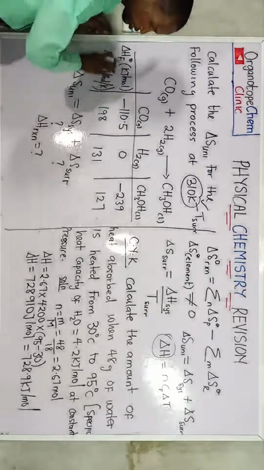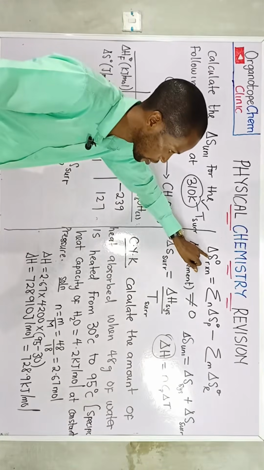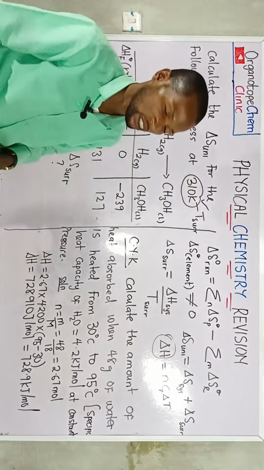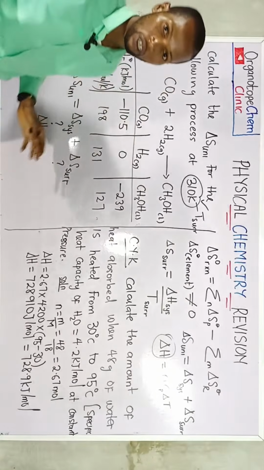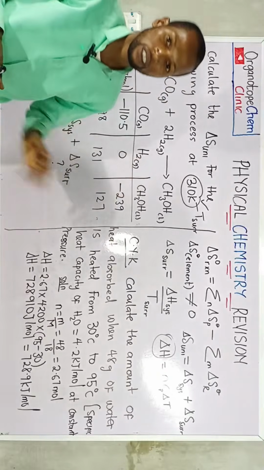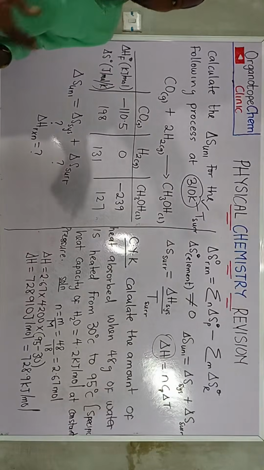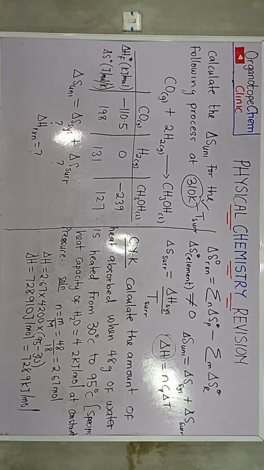Then from this information right here, we can use this formula, delta S reaction, to find the entropy of the reaction. We have the values for the reactants as well as the products. If you're okay with the explanation, type clear so that I can proceed. All right, clear from Precious.